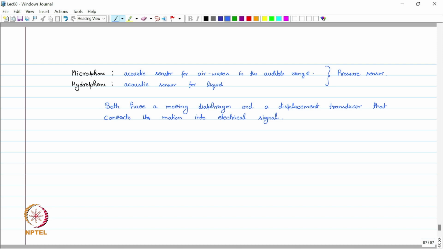These microphones and hydrophones have some parameters on which they differ.